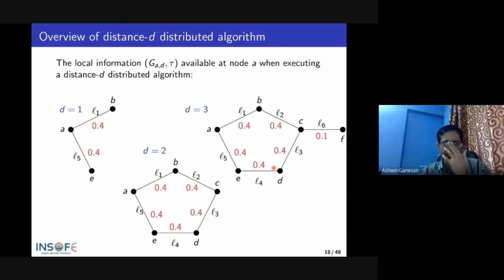So I'm going to be discussing next some distributed algorithms for this problem, and there's something called a distance D distributed algorithm.